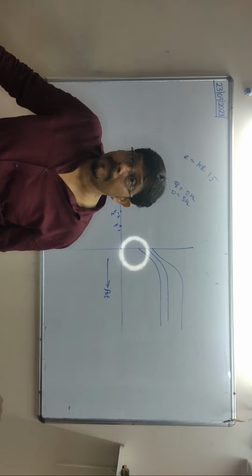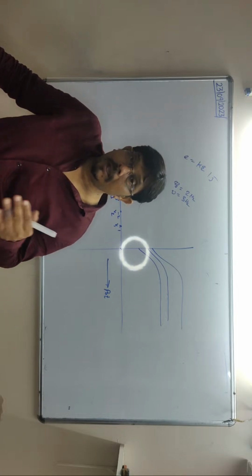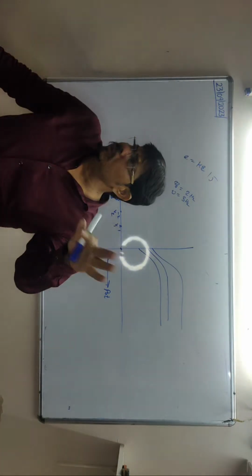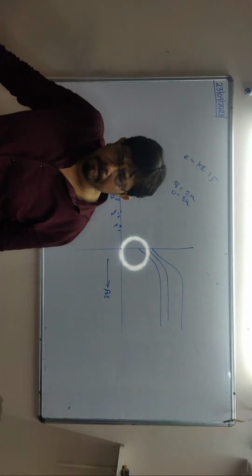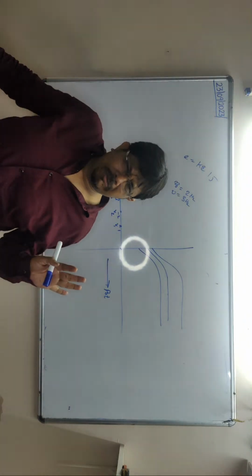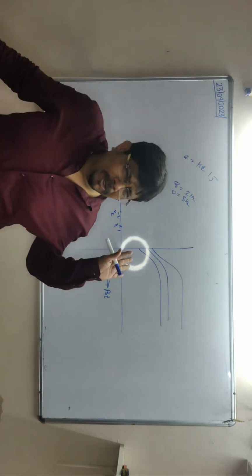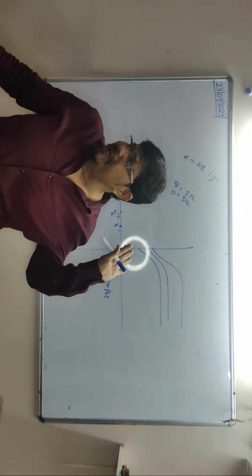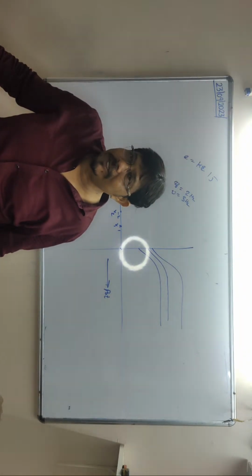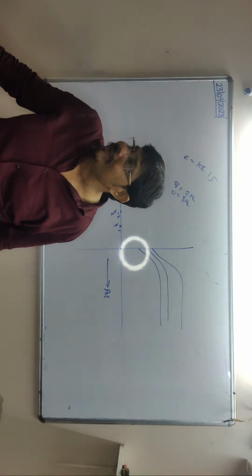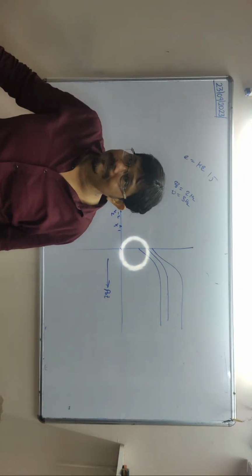Now, it means the frequency is more than the threshold frequency. Now we don't require the concept of frequency because this is the intensity and potential graph. Intensity and potential graph. Now what I will do?